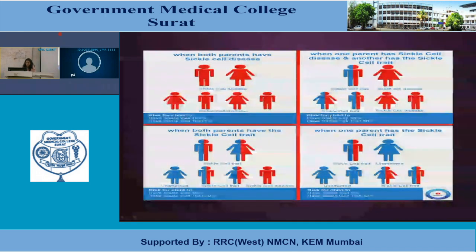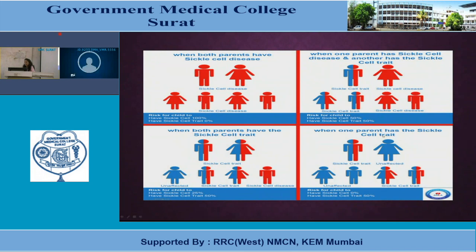One parent has sickle cell disease and the other has sickle cell trait. Red is for the disease, so there is a 50% chance of sickle cell trait and 50% of sickle cell disease. Now, if both have sickle cell trait, then 25% chance of sickle cell disease, 50% chance of sickle cell trait, and 25% chance of a normal baby.